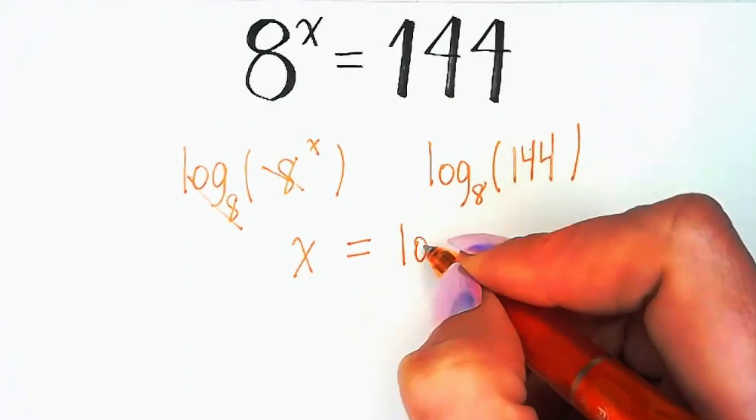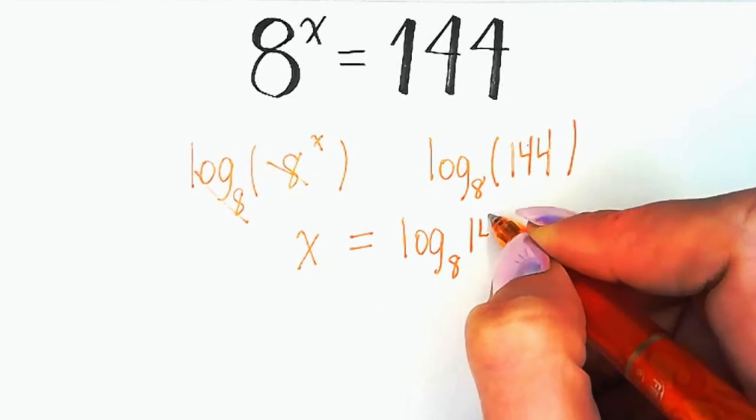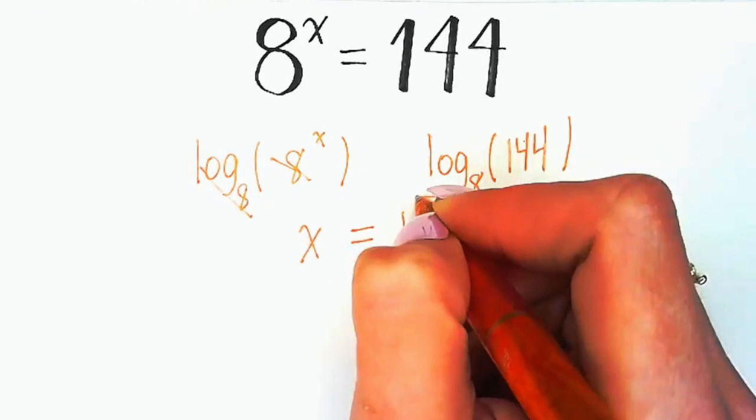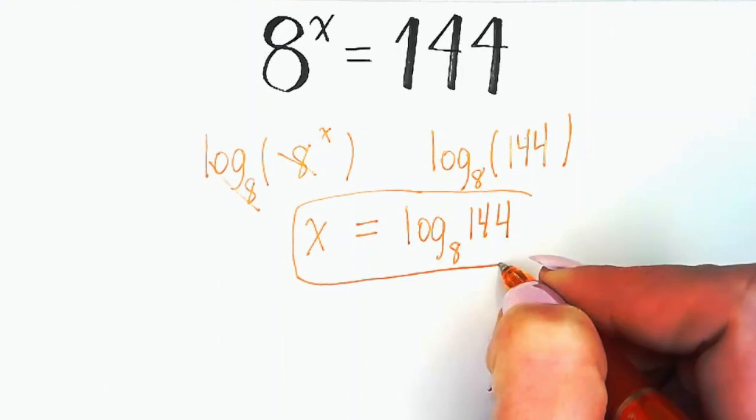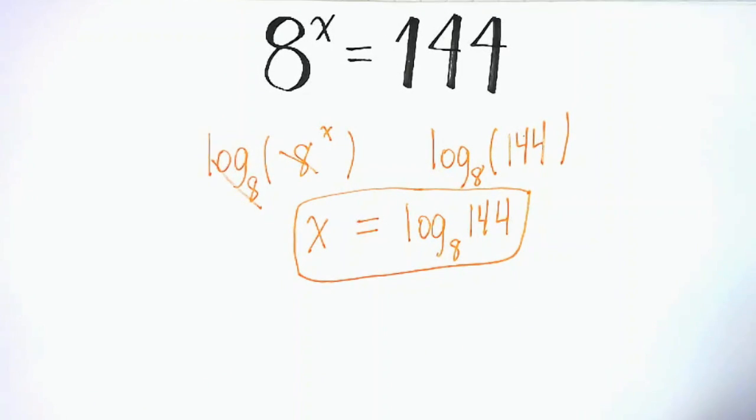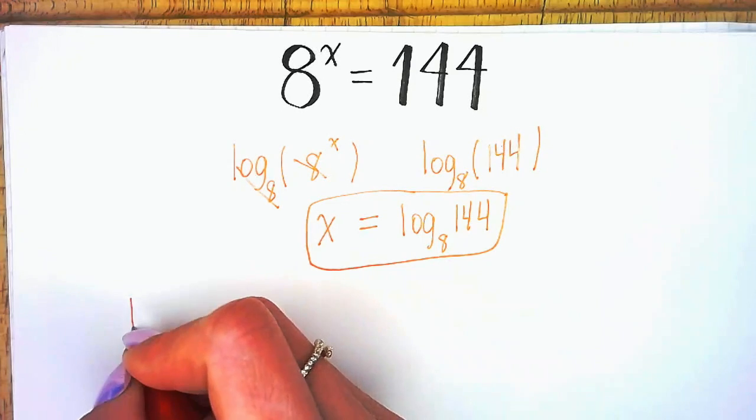Log base 8 of 144 is a completely acceptable answer, and you could really leave it like this. If you wanted to be inventive, creative, and rewrite it a few different ways, you could.